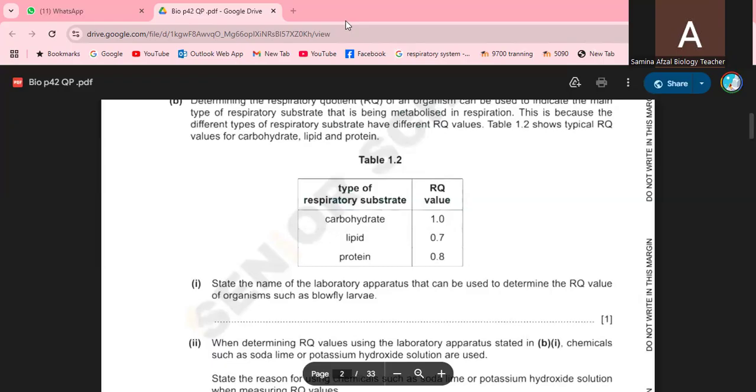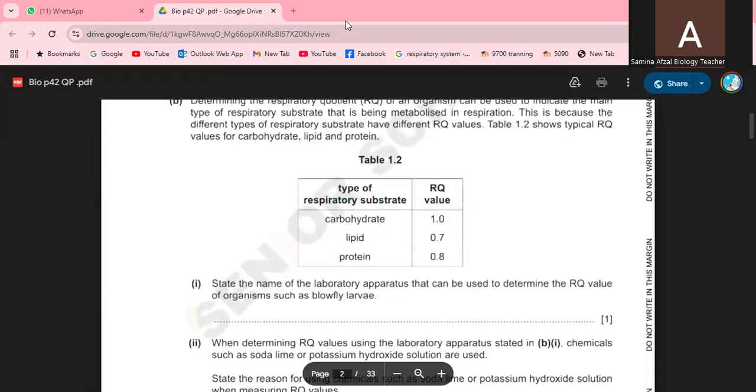State the name of laboratory apparatus that can be used to determine the RQ value of organisms such as blowfly larvae. Here I would like to say that there is an apparatus which is called a respirometer. A respirometer consists of two glass tubes in which the oxygen consumed and carbon dioxide released is measured.